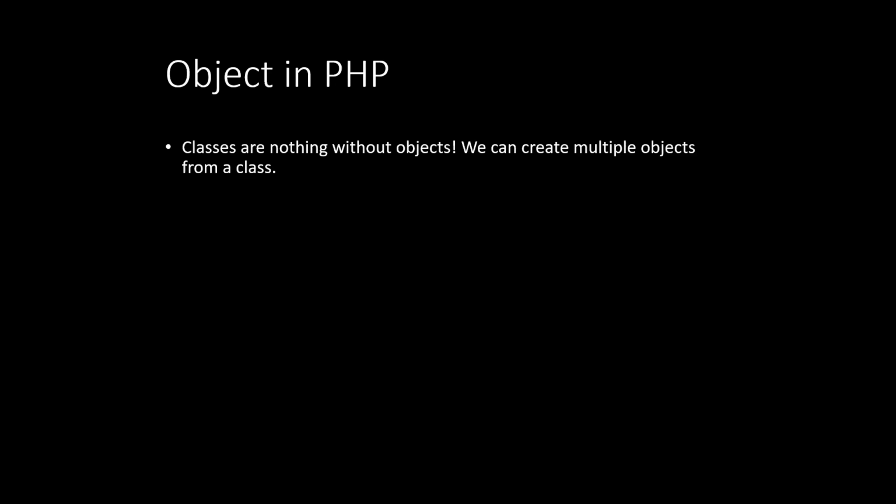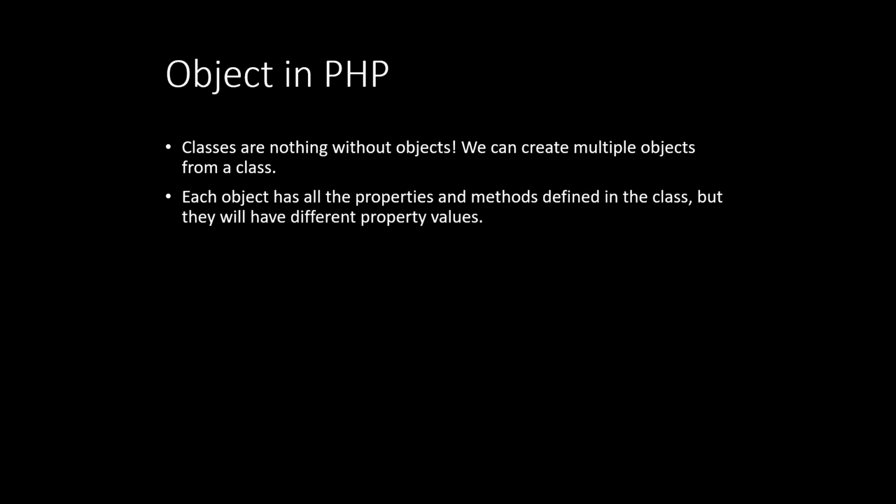Object in PHP. Classes are nothing without objects. We can create multiple objects from a class. Each object has all the properties and methods defined in the class, but they will behave with different property values. Objects of a class are created using the new keyword.